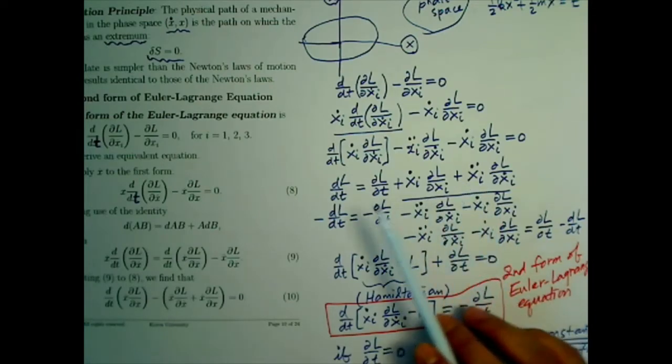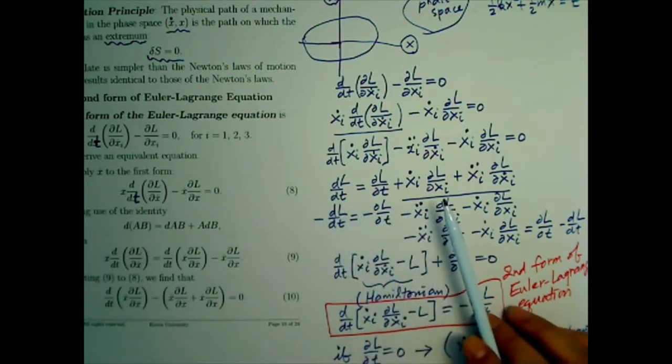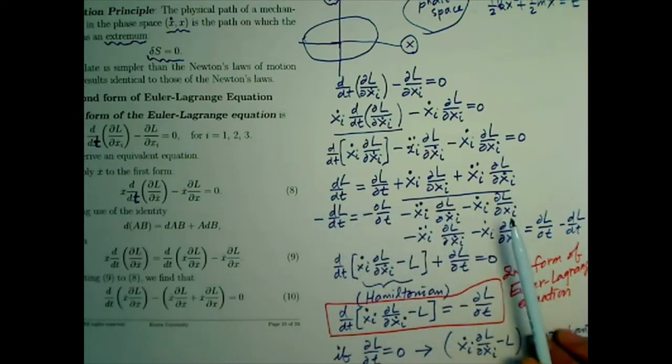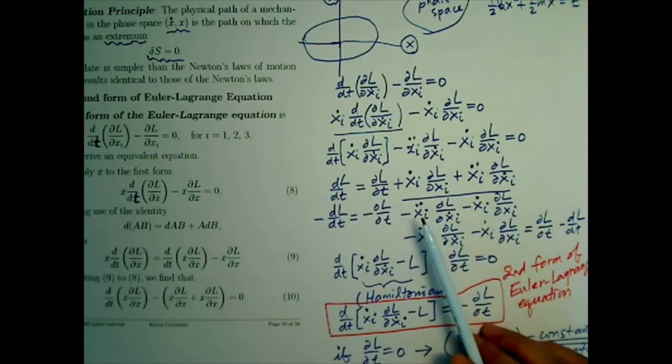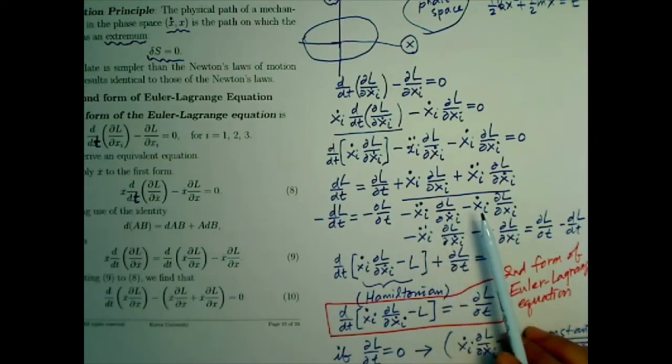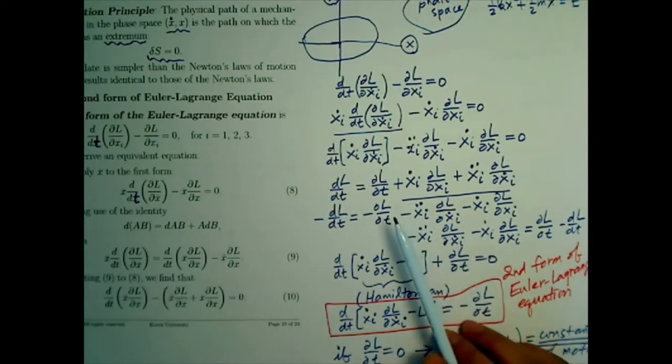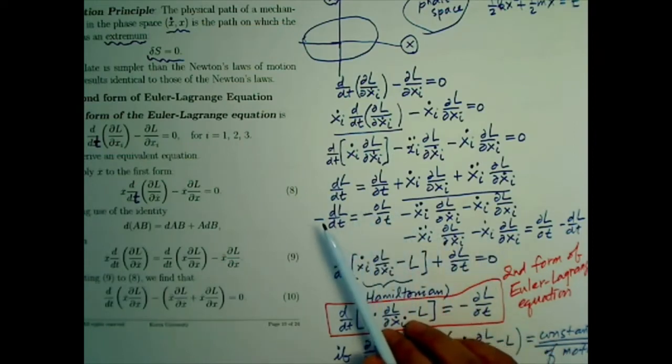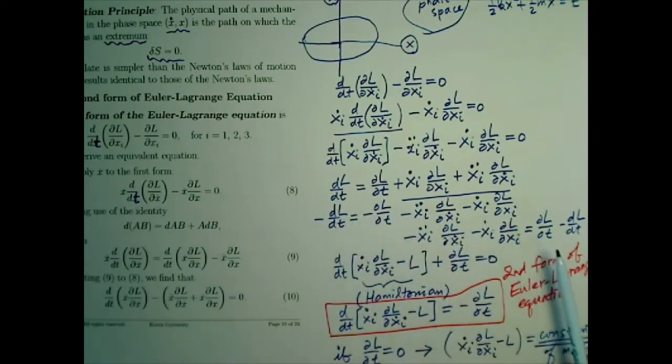If I move this to the left side, then we have the partial time derivative of L subtracted by the total time derivative of L.